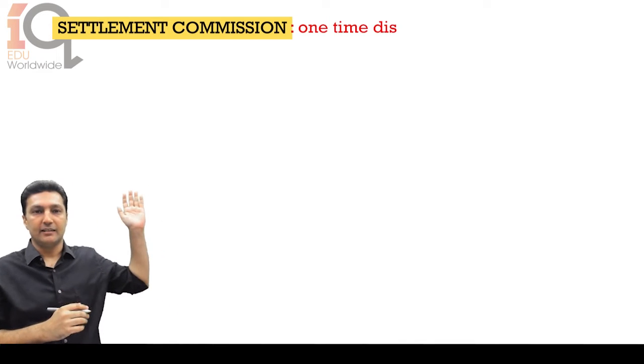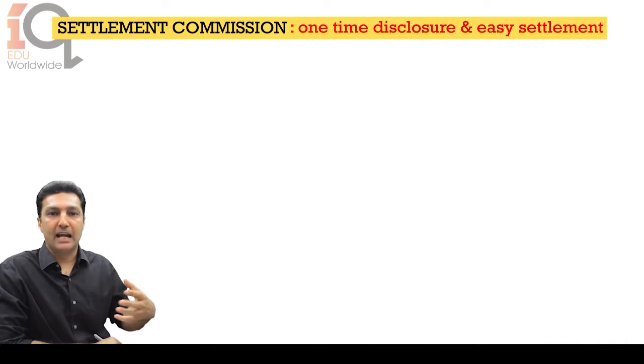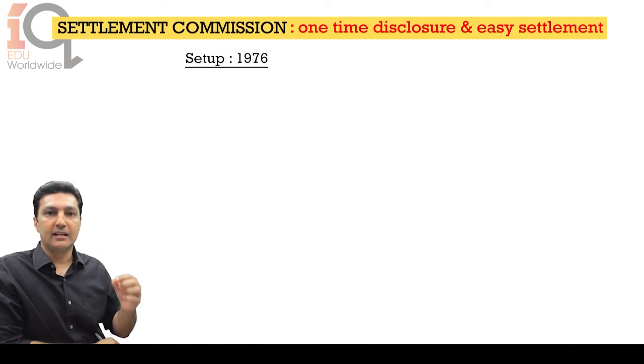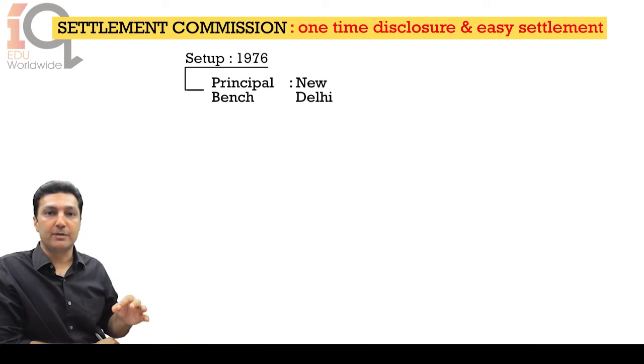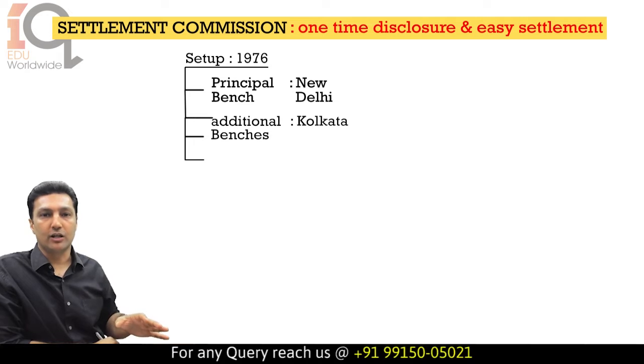And that's where the settlement commission, or what we call a panel for dispute resolution, comes in. It was proposed in 1976 by the Wanchoo Committee, and the principal bench was set up in New Delhi in 1976, and there are 3 additional benches in Kolkata, Chennai and Mumbai.